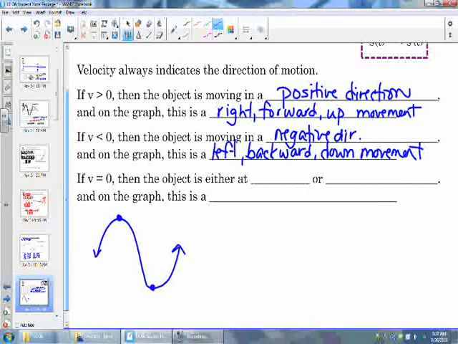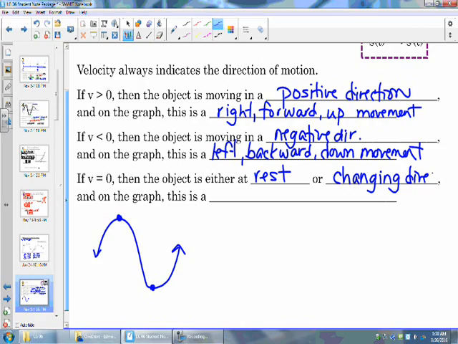It could also mean kind of like an endpoint in some situations. Then the object is either at rest or changing direction. And don't worry, we'll put all of this together in a few questions. And then on the graph, obviously this would be either a maximum or a minimum. Okay?